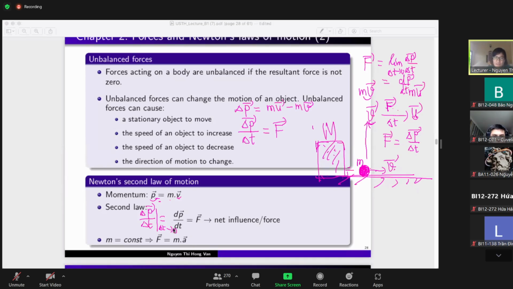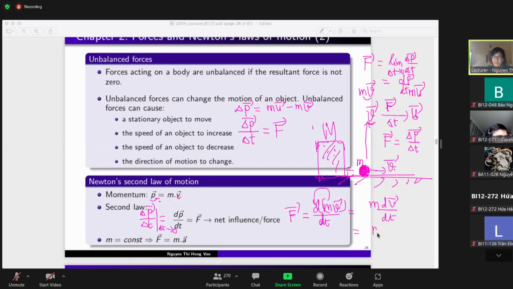Now, if mass is constant, we have d(mv)/dt equal to the force. If mass is constant, meaning mass doesn't depend on time, you can take it out. So we have m dv/dt.